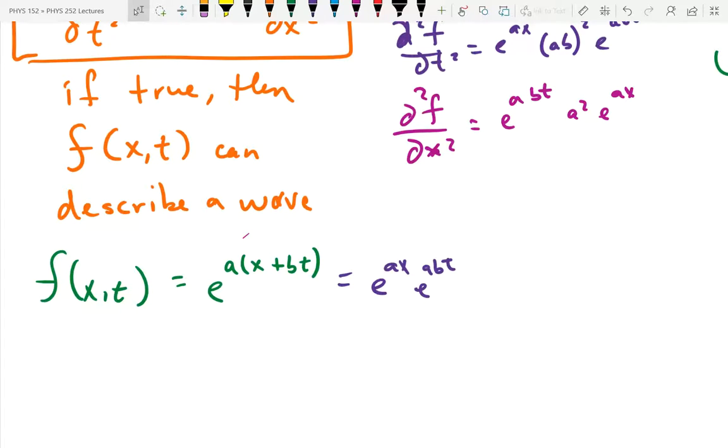Just get larger and larger and larger. Unless a is a negative value, because there was no restriction on a. If a is a negative value, then it gets smaller, smaller, smaller. It would only be physical if a is a negative value, and what this would actually be is your wave just spreads out.